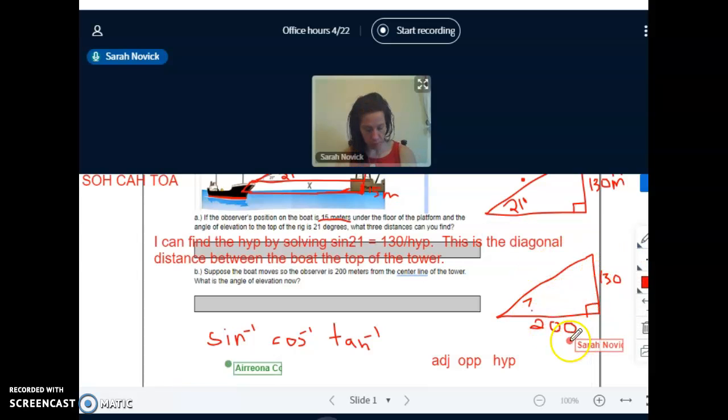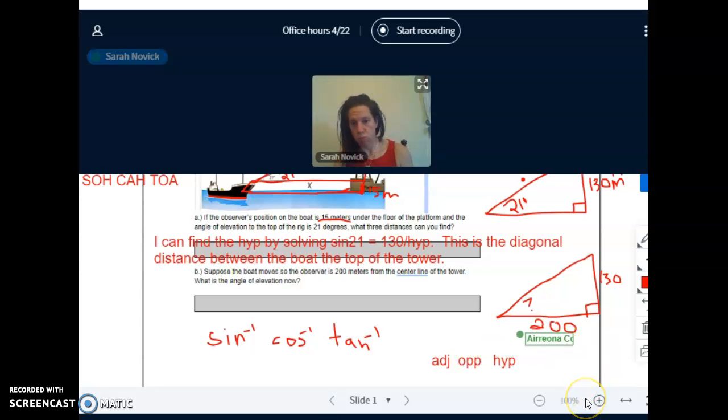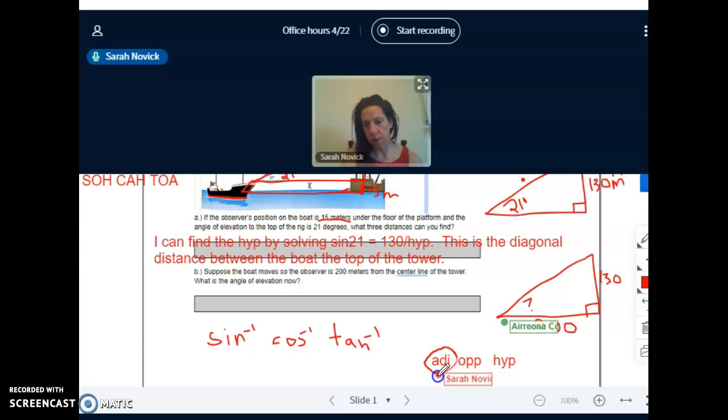So 200, is it the adjacent, the opposite, or the hypotenuse? Adjacent, so we know the adjacent side. What other side do we know? Is that the opposite or the hypotenuse? Yeah, opposite. Perfect.